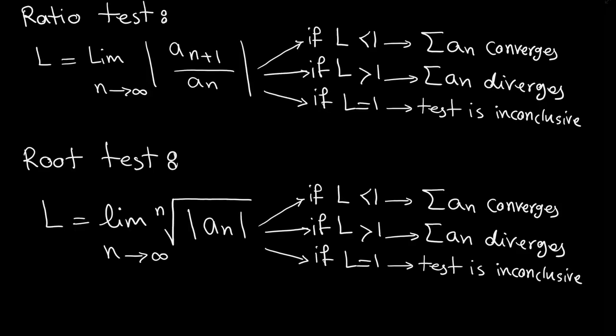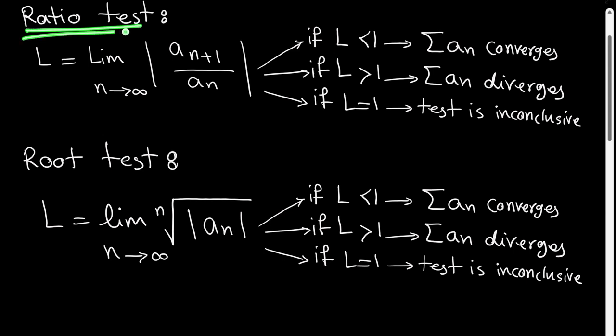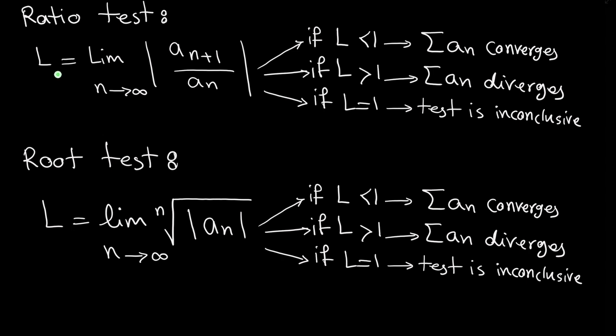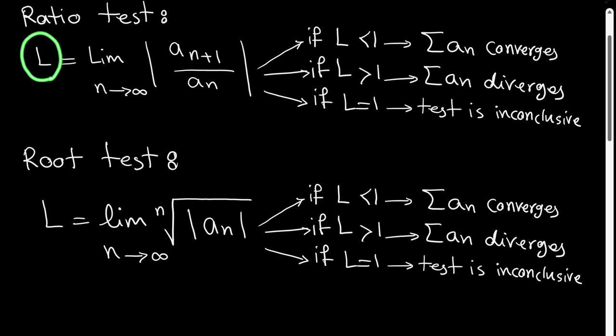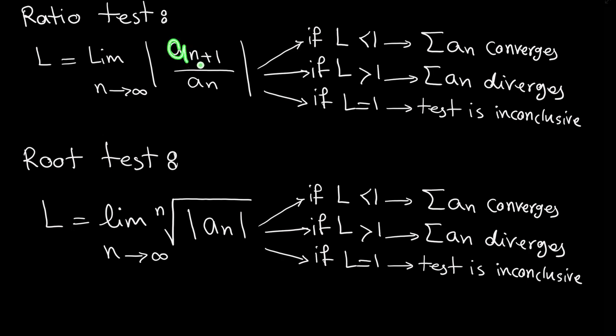In this video, we go over the ratio test for series and the root test. By the ratio test, let's suppose that L is the limit of the absolute value of the ratio of a_(n+1) over a_n.